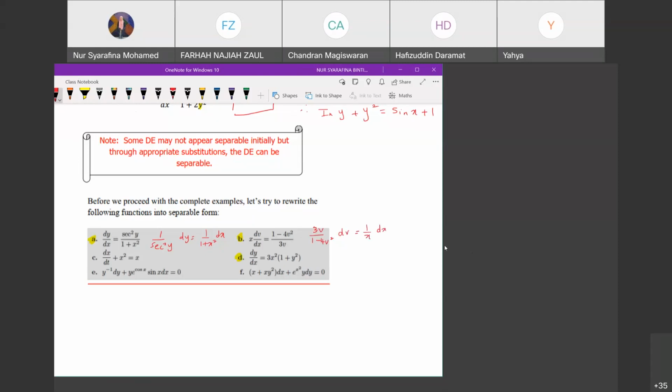Okay, the next one. This is quite easy, right? Let's choose the harder one after this.